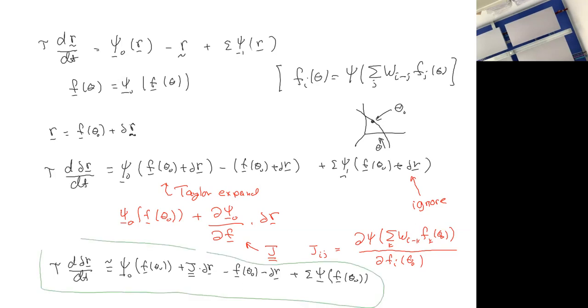Because f of theta naught is a fixed point, these terms cancel.